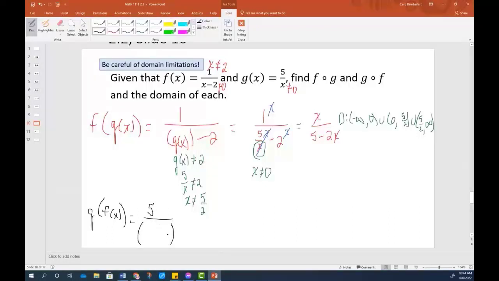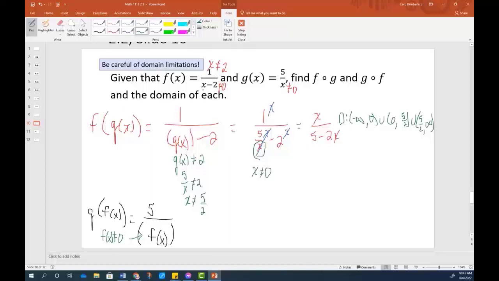Well, I know this something cannot be 0, so when I say, okay, I'm going to put f of x here, then I know immediately f of x cannot equal 0. I'm just going to kind of draw a little arrow and say f of x cannot equal 0.